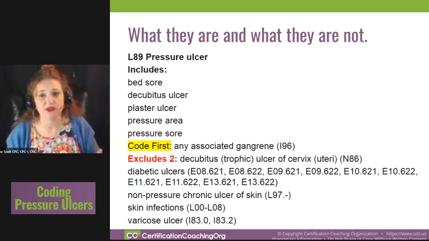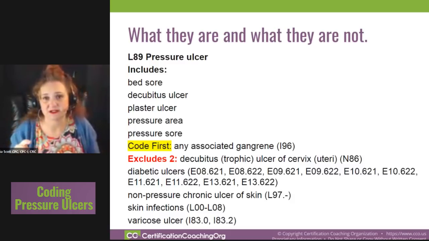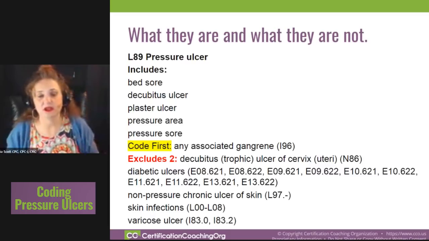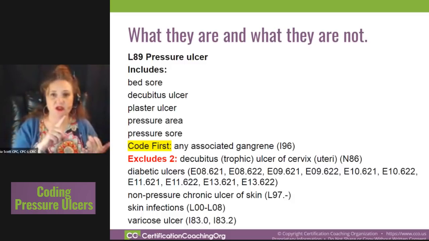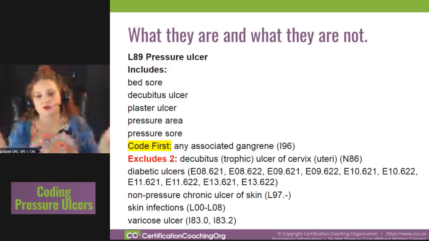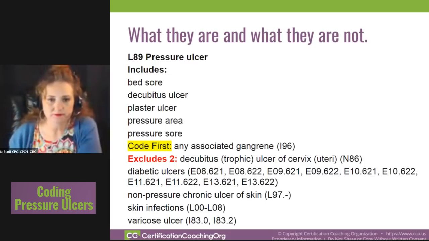So if they have type 1 diabetes, it's going to be E10.6, because the 6 is the integumentary system as a manifestation of having a complication. Or it's going to be an E11.6. E11 is going to be type 2 diabetes. And then we have, of course, E08, E09, and E13, and those are other types of diabetes.